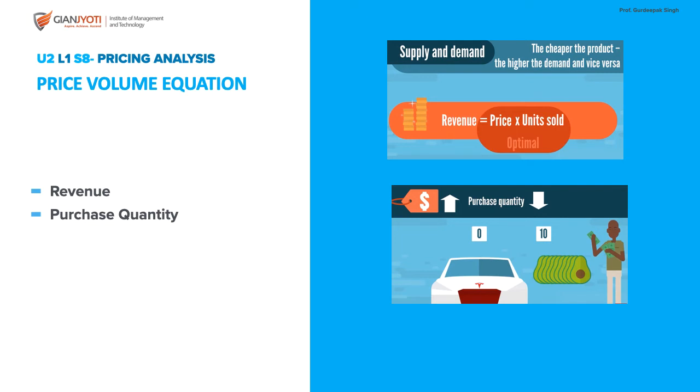Whereas you are going to buy some pears, and you wanted to buy maybe 20 pears or maybe 20 kg, but now because of the price you may go for 10. So that is what we mean by the purchase quantity. When we are looking at the price volume equation, this is how we figure it out. There are different strategies which we'll be looking at as to how to price a product and how to get this optimal mix.